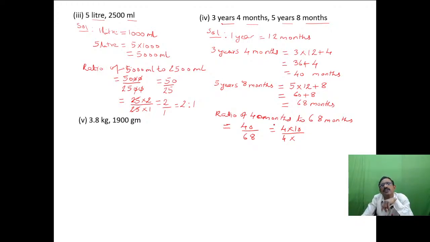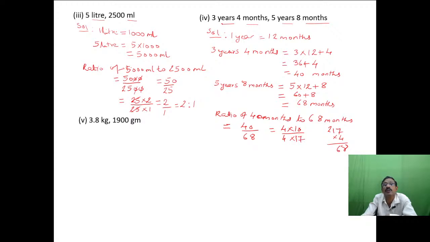4 10s are 40, 4 11s are 44. Let us see, 4 17s, what do we get? It's 17 into 4. 7 4s are 28, 4 ones are 4, 5, 6. We have got 68. That means if we multiply this 4 by 17, we will get 68.